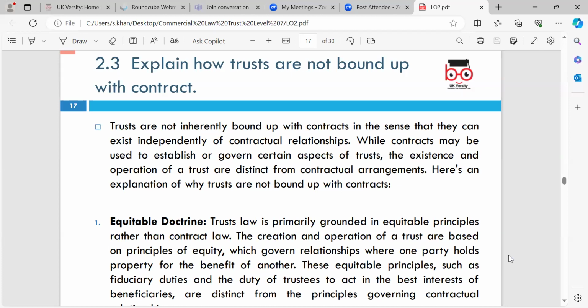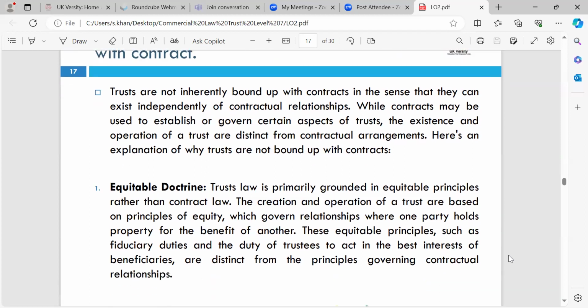Here's an explanation of why trusts are not bound up with contracts. So, equitable doctrine. Trust law is primarily grounded in equitable principles rather than contract law.